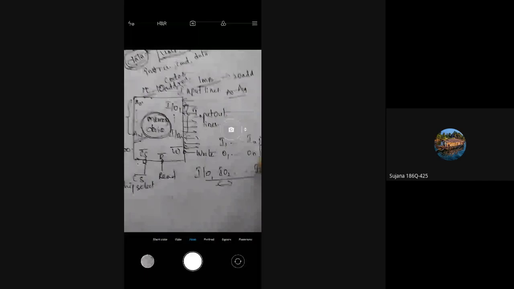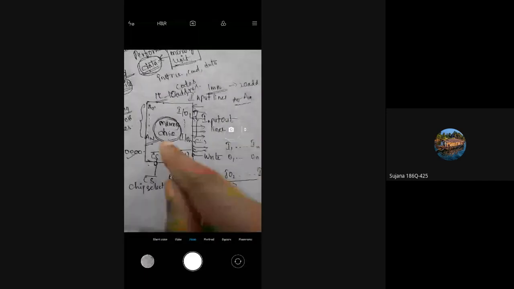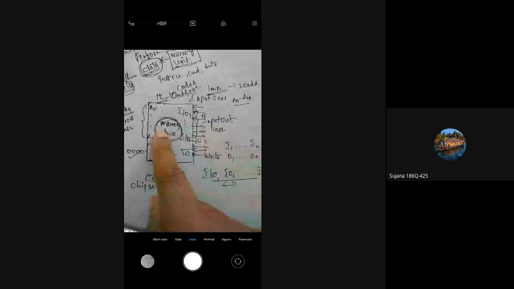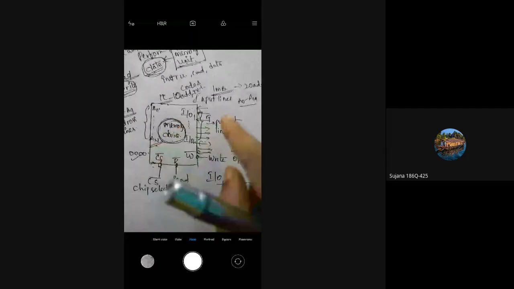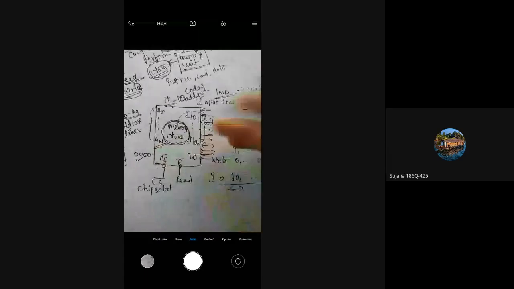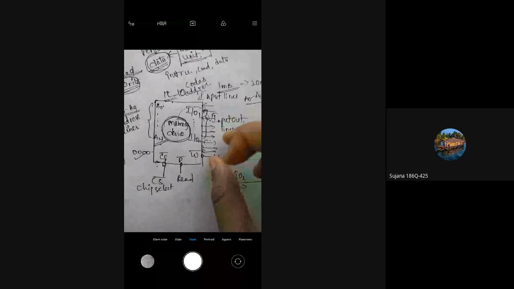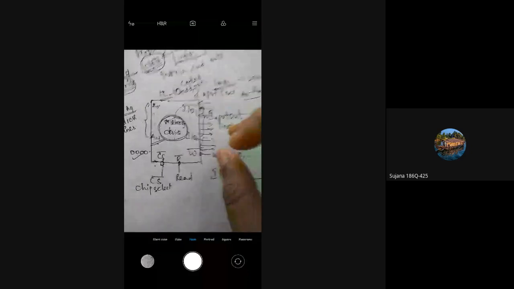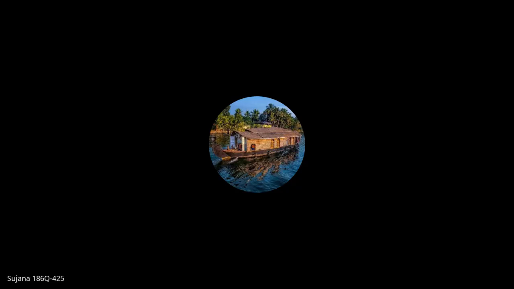By using input lines, we can store the data in the memory, or by using output lines, we can take out the data from the memory.